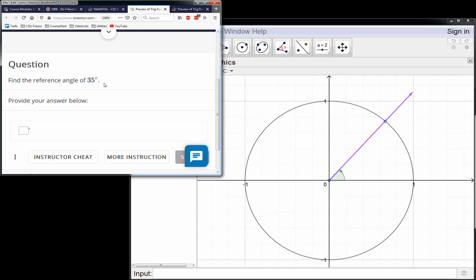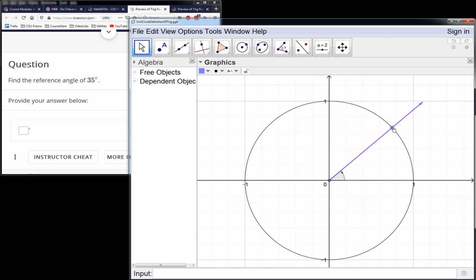All right, so let's do it here. We want to find the reference angle for the angle 35 degrees. First I'll sketch a picture of the angle 35 degrees. I'm just eyeballing it, maybe something like that. And now the definition said that it's the positive acute angle formed by the terminal side of the angle and the x-axis.